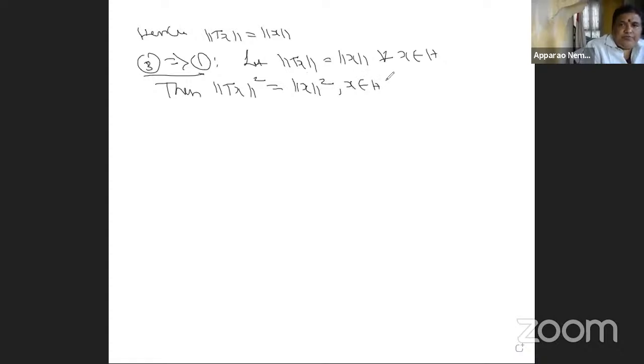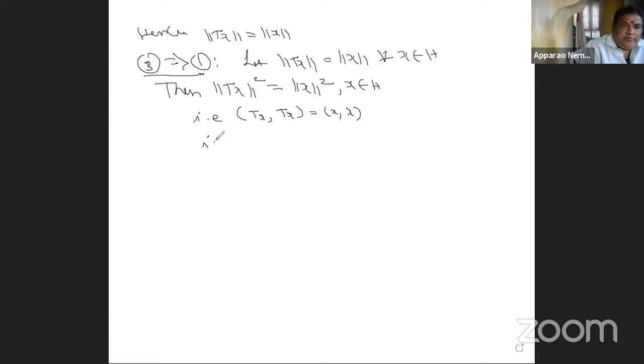That is, inner product of T of x, T of x equals inner product of x, x.